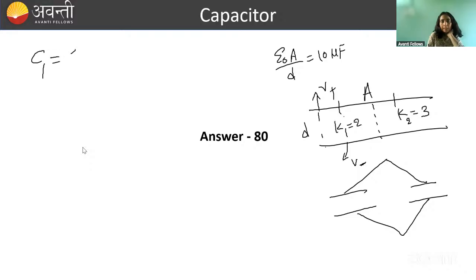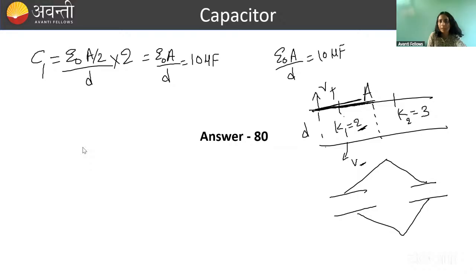C1 value, what did we write? Epsilon naught. Since it is sharing half of the plate, its area will become A by 2 divided by D. Separation remains the same. And we already know that if the dielectric value is 2, then capacitance will become epsilon naught A by D into K times, so K is 2 here, and it will be equal to epsilon naught A by D. That is why I wrote it equal to 10 microfarad.